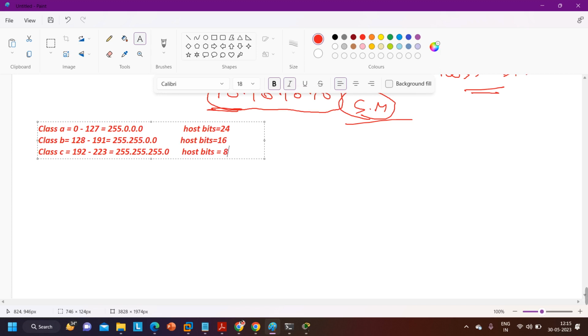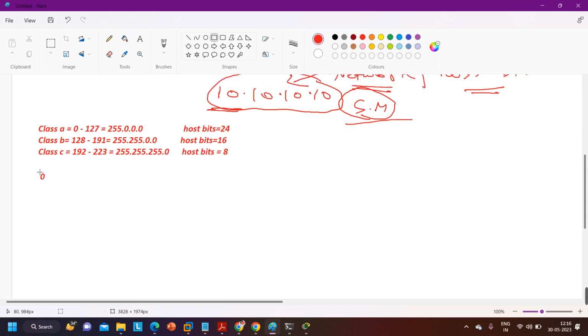Now to understand how we divide IP addresses into classes, see, in the first octet we have reserved one bit for class A, two bits for class B and three bits for class C. In the first octet there are 8 bits. I have reserved the first bit, which will always be 0 for class A. So how many free bits are there in the first octet? 7.